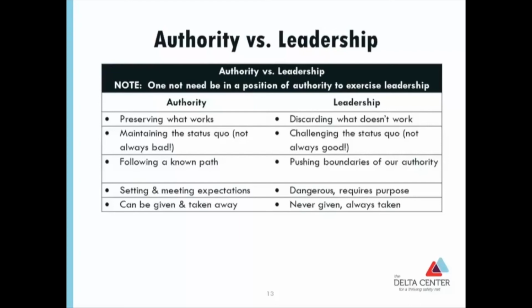So in a way, you're pushing up against the boundaries of the authority that you have to exercise leadership. And it has to be something that you really care about. There has to be some fundamental purpose that you're willing to go up against, on some level, against the boundaries of the authority you've been given, either by your organization or even beyond that in terms of the larger system that you're working in.